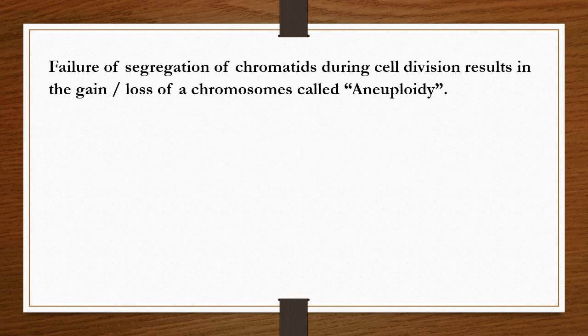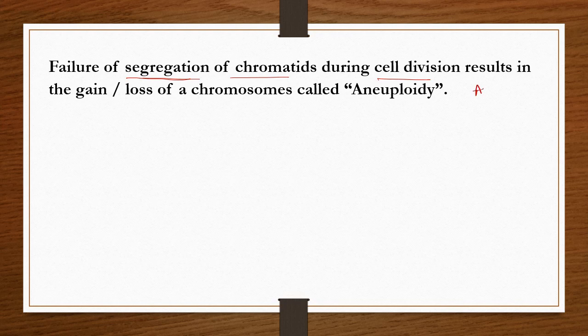Aneuploidy is defined as failure of segregation of chromatids during cell division, resulting in the gain or loss of chromosomes. In euploidy, the failure of cytokinesis after telophase was the cause, but here the failure of segregation, that means separation of chromatids during cell division, results in the gain or loss of chromosomes, called aneuploidy.